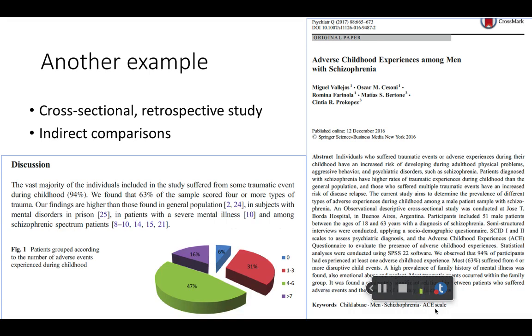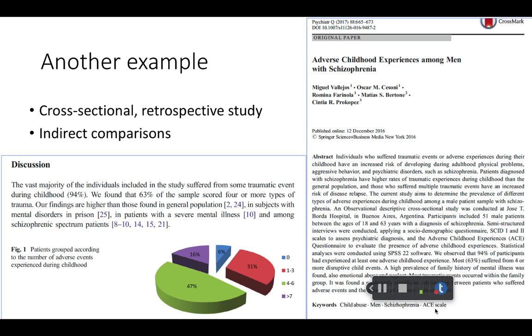So the pie chart, figure 1, shows the proportion of men in the sample who experienced no ACEs, that's 6%, 1 to 3 adverse experiences, 31%, 4 to 6 adverse experiences is 47%, and 7 or more adverse experiences is 16%. So this data are intriguing. 94% of a sample with 1 or more ACEs seems pretty high.